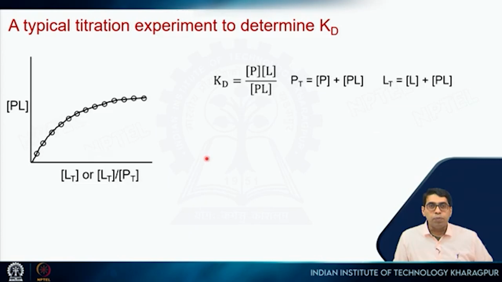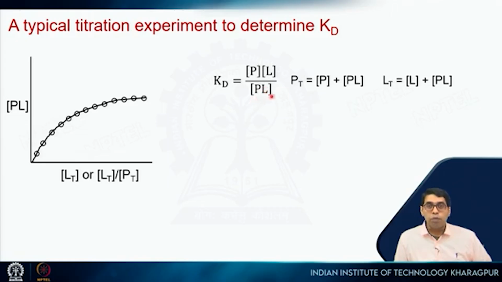So, we want to determine this protein ligand concentration, right. However, this is not something that we know. What we know is the total ligand concentration that you have added to your experiment, and the total protein concentration that is there in the burette or the flask to start with, right. So, these two you know. But now, if we look at the equation of Kd, it depends on free protein, free ligand and the protein ligand complex.